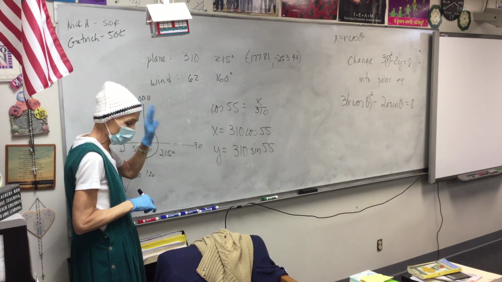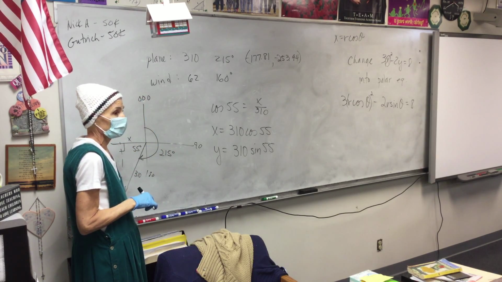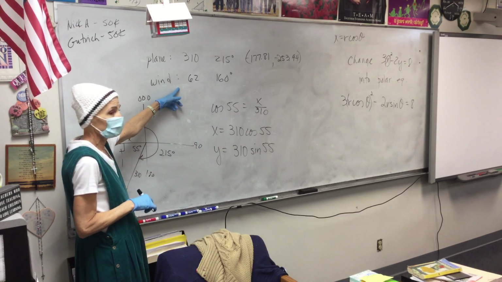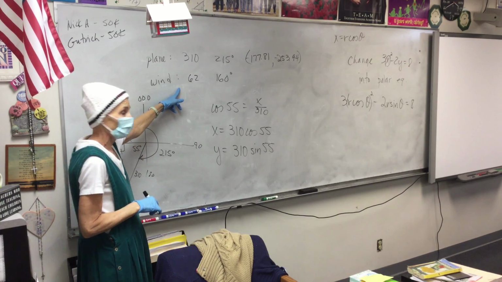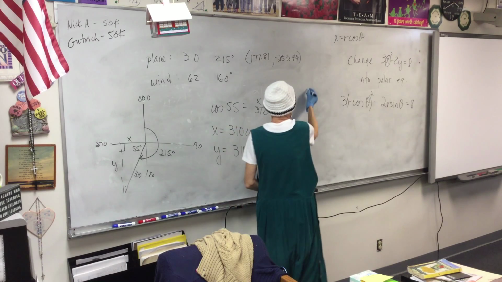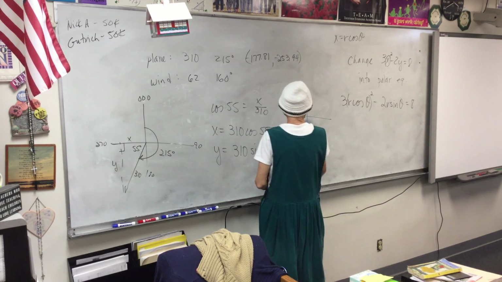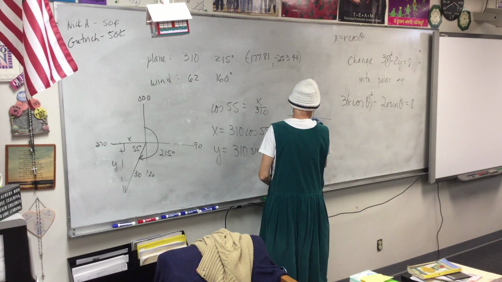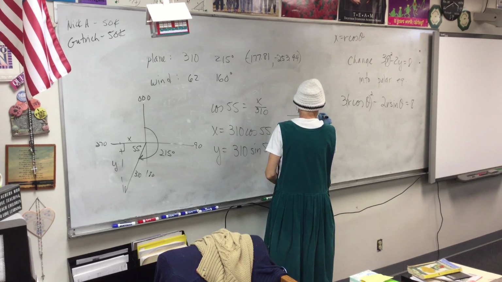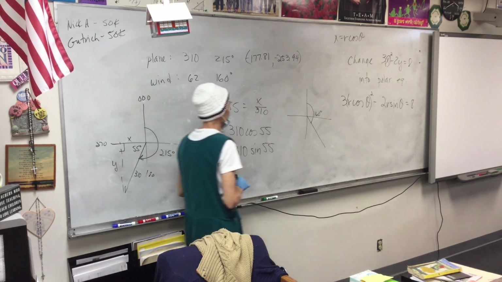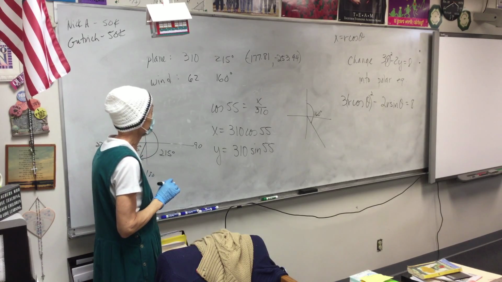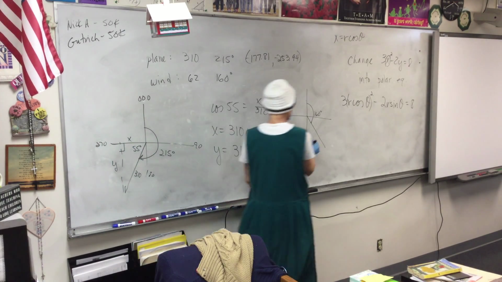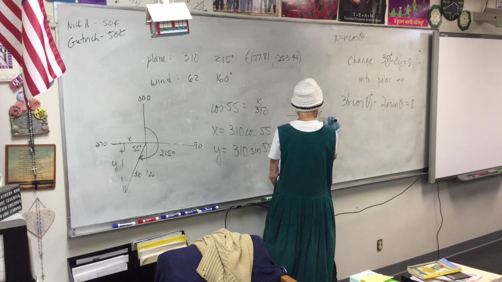Alright, now guess what I'm going to do. Same thing for the wind. So it's 160 degrees. Again, we're measuring from due north because that's a direction. His magnitude is 62.